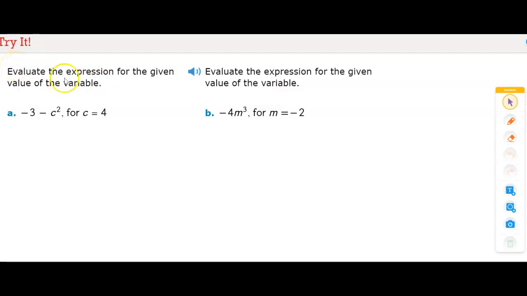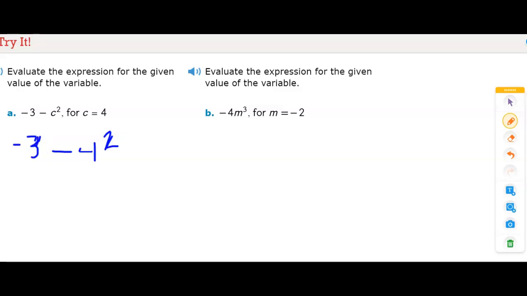Evaluate the expression for the given value of the variable. Part A. Negative 3 minus c squared, for c equals 4. So c is 4, so we are going to rewrite the expression to show negative 3 minus 4 to the power of 2. And then we evaluate that.